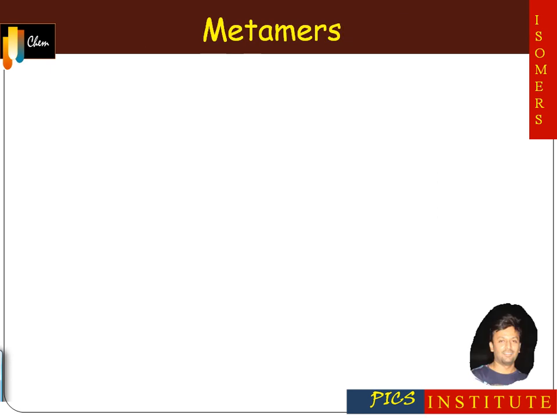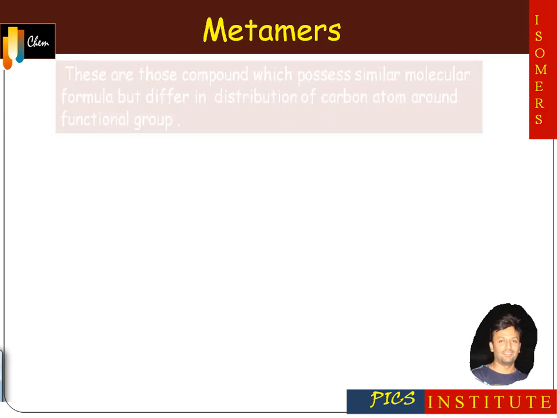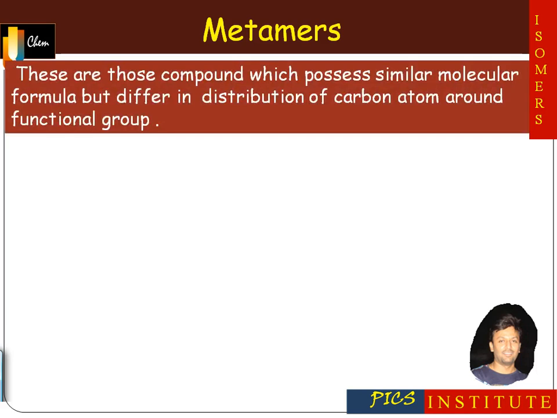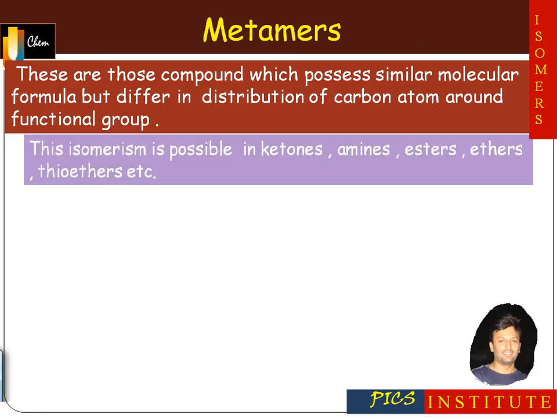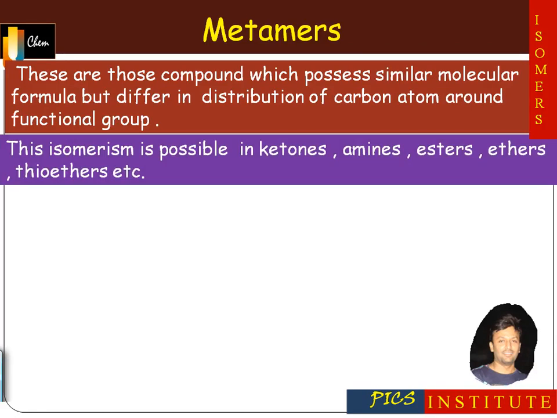Now the next type of structural isomerism is metamerism. Metamers may be defined as those compounds which possess similar molecular formula but differ in the distribution of carbon around the functional group. Means in this case, the functional group remains the same, but the number of carbon around the functional group changes.